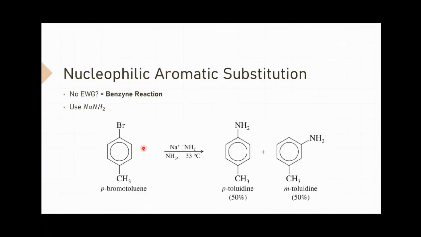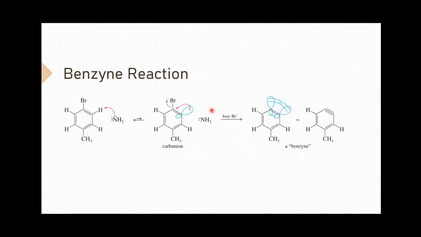If you don't have an electron withdrawing group, but you still want to replace it, you can treat it with NaNH2, and then whatever nucleophile you want to add. By adding NaNH2, I can replace the leaving group with NH2 in this case.